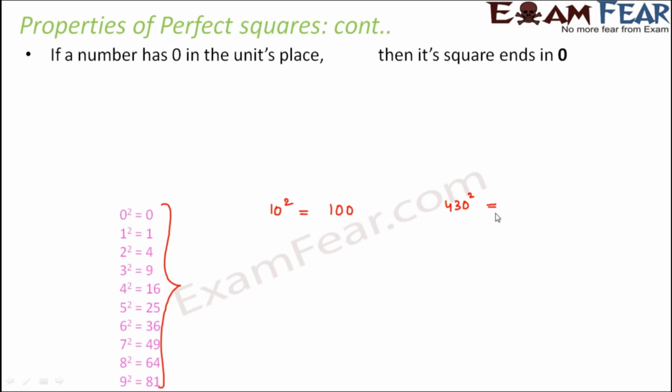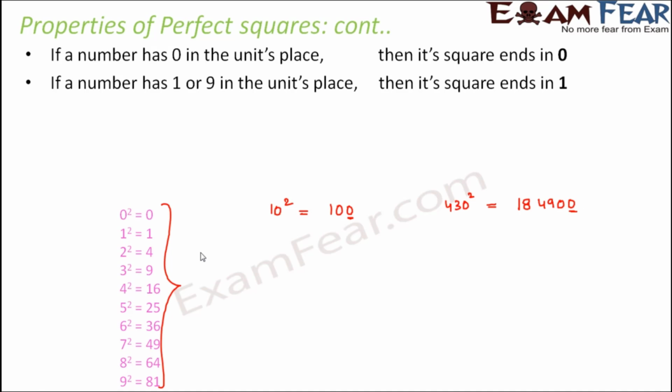If you square 430, what would you get? Even if you do not know the exact value, its square will definitely end in 0, because the units digit is 0 and 0 squared is 0. If you actually calculate, you see the value is 184,900. So you see it ends in 0.